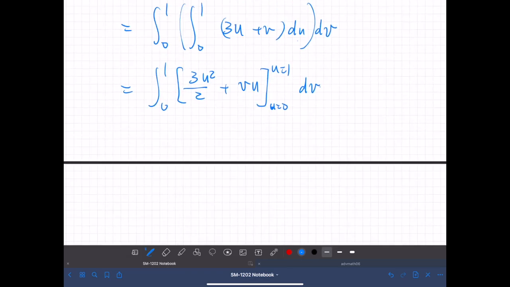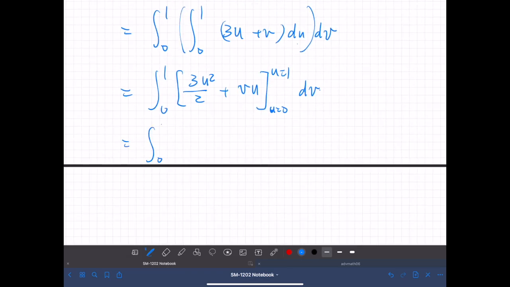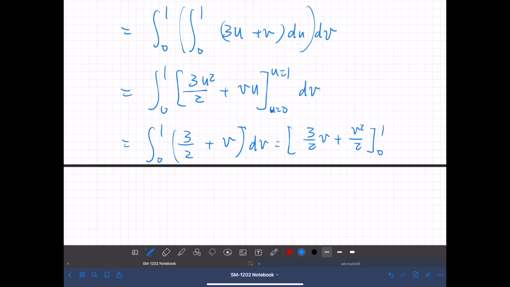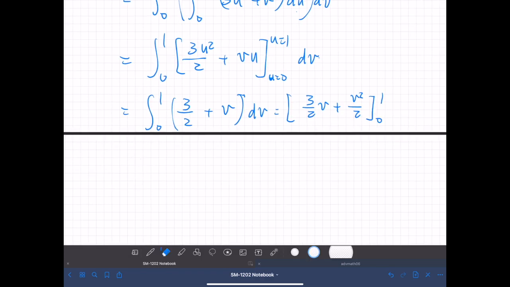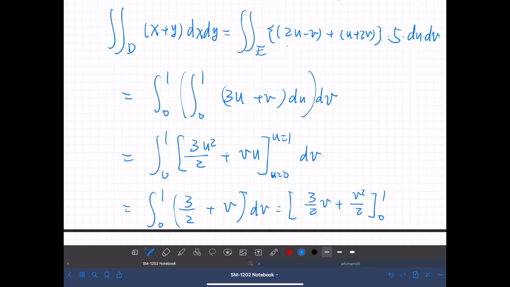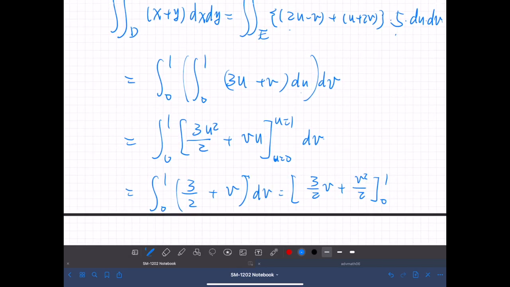And that is 3 over 2 and v, from 0 to 1, and we get, wait a minute, we need 5 here, don't forget 5.